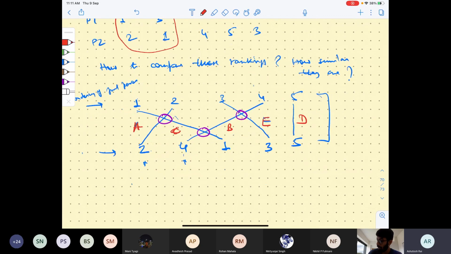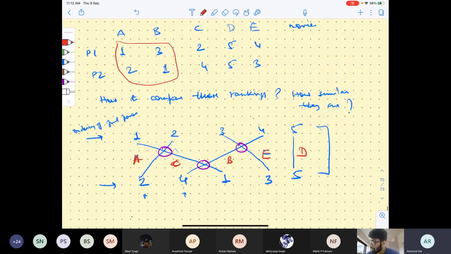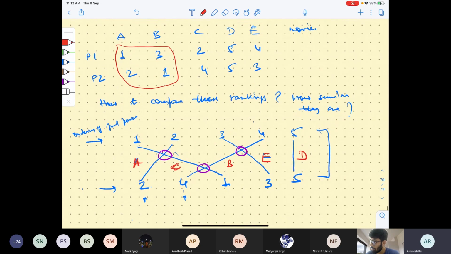Similarly, there is a problem between A and whatever is here. So what is 1 here?